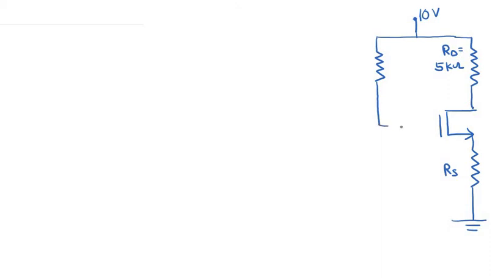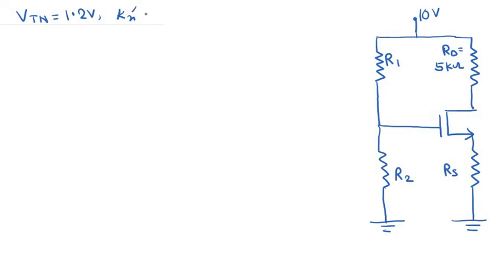Then we have the biasing resistors R1 and R2. You are given that VTN equal to 1.2 volts and the process conduction parameter kn dash is equal to 60 microampere per volt square.